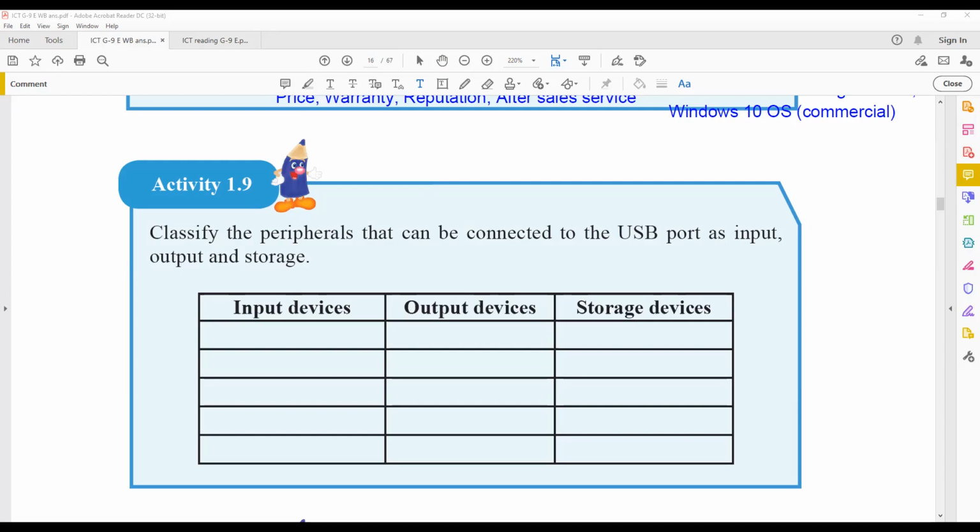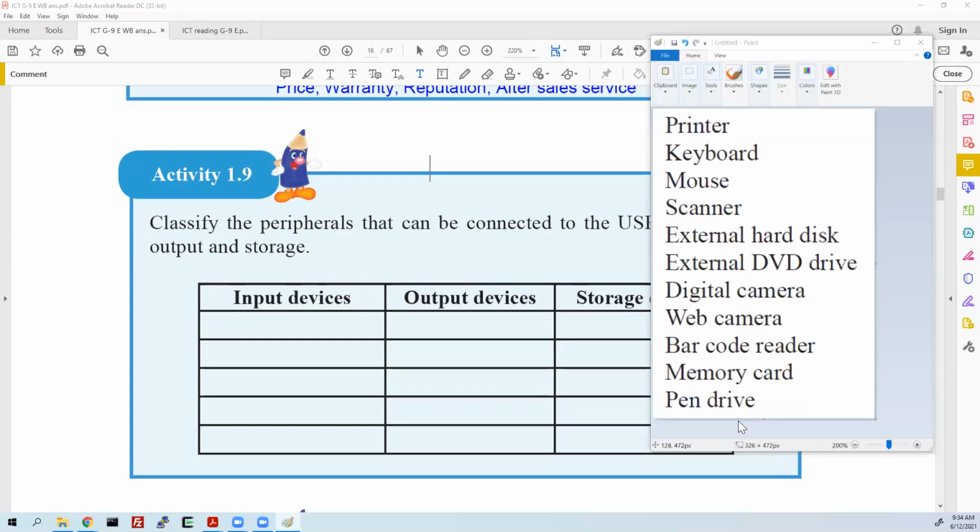This is not the whole list. But I will give you the list so that you can easily do it. There are a lot of devices you can connect through USB.